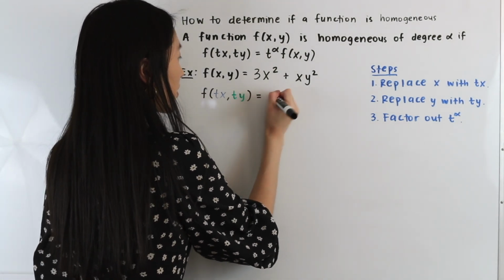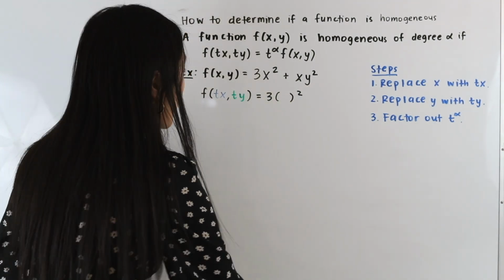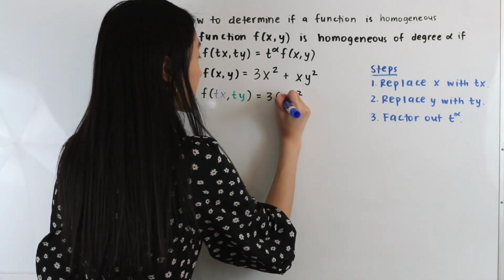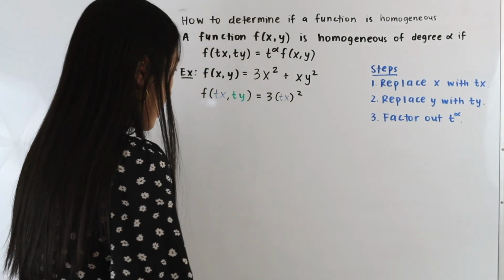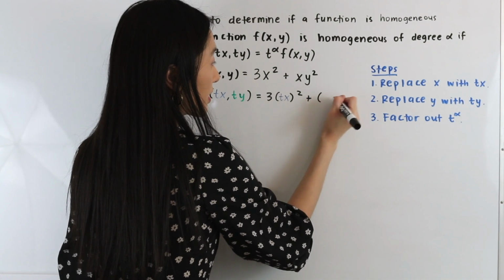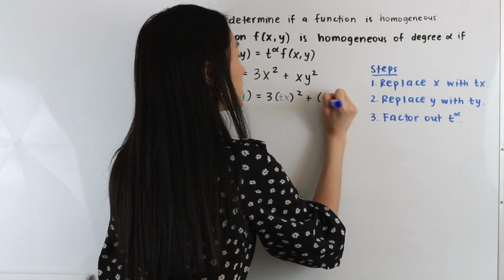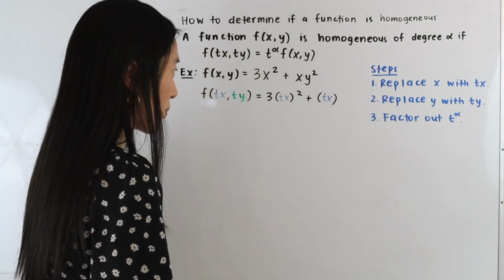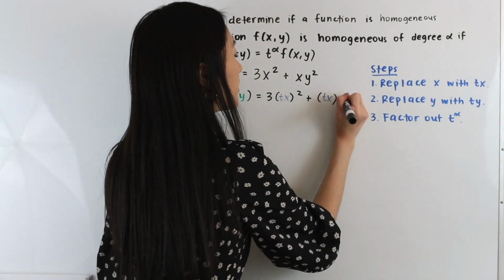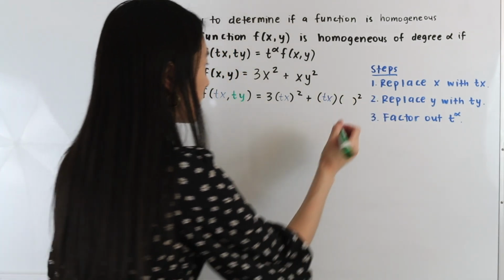We have a 3x squared, so let's replace that x with a t x, and let's replace this x here with a t x. And for this y squared, let's replace that y with a t y.